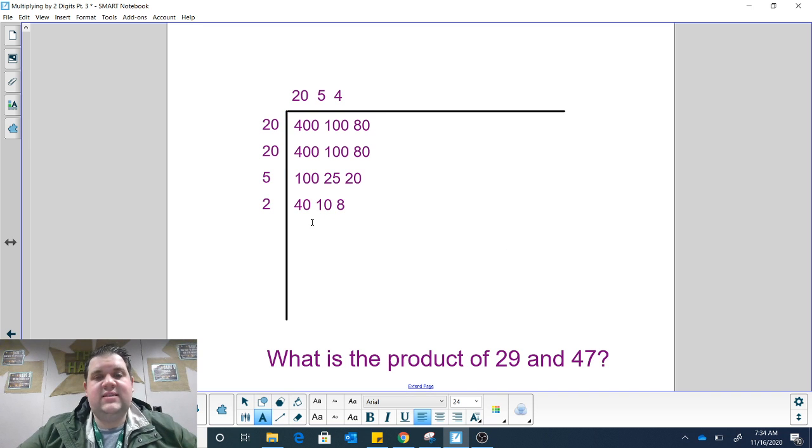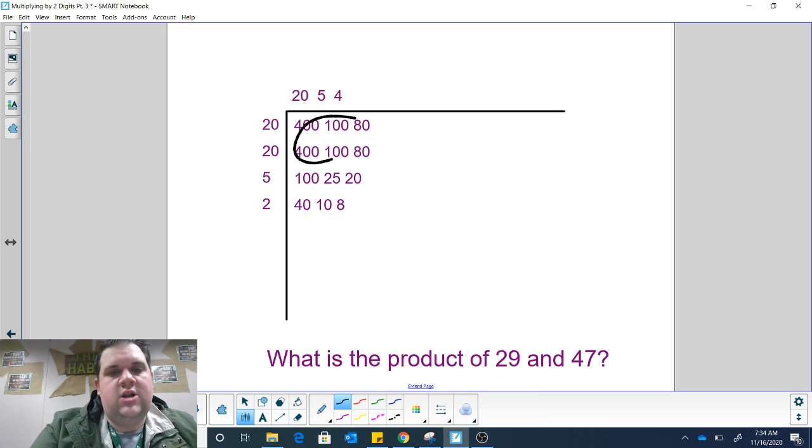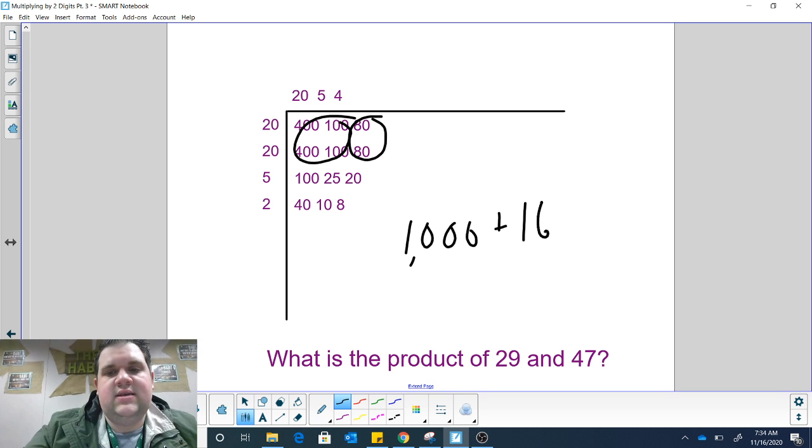Now I'm going to add all these together. So I know 400 plus 400 plus 100 plus 100 is 1,000. Plus 80 and 80 is 160. 145 right here. And 58 here.